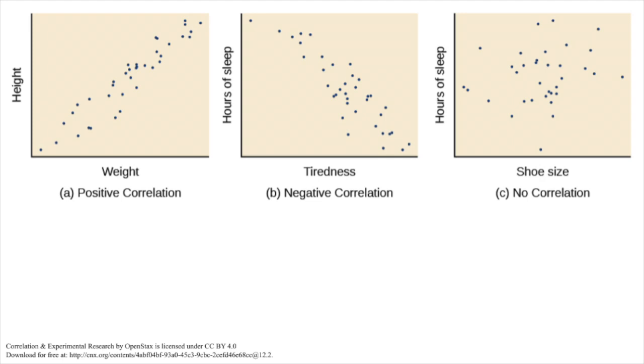One might expect a negative correlation to exist between someone's tiredness during the day and the number of hours they slept the previous night. The amount of sleep decreases as the feelings of tiredness increase. In a real-world example of negative correlation, student researchers at the University of Minnesota found a weak negative correlation, R equals negative 0.29, between the average number of days per week that students got fewer than 5 hours of sleep and their GPA.